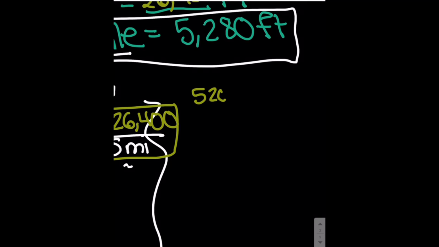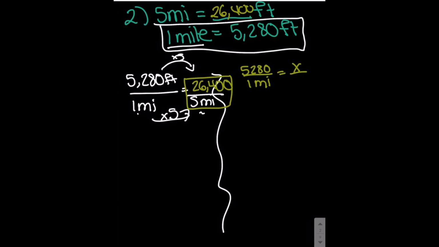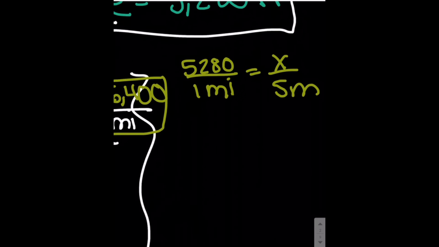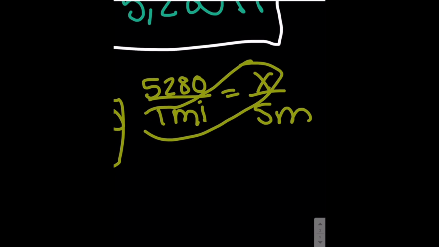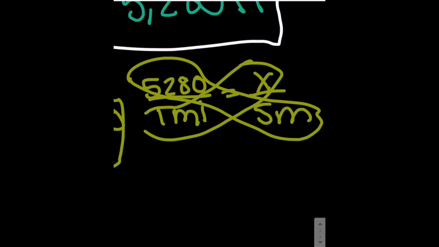So you have 5,280 feet over 1 mile, and you have x, because right over here x equals 5 miles. It doesn't matter what way you place them. Now I can just do this cross multiplication. So 1 times x would just be x.